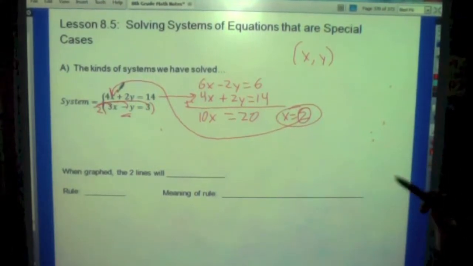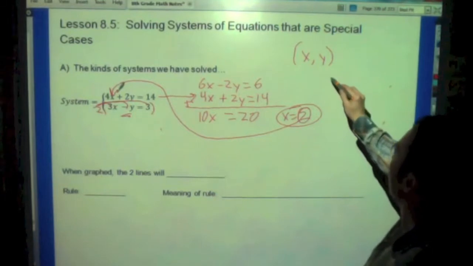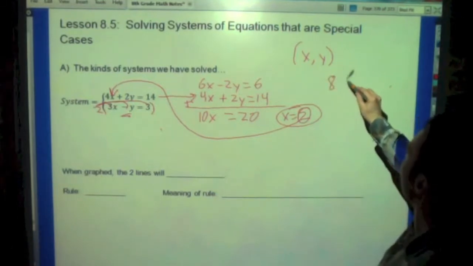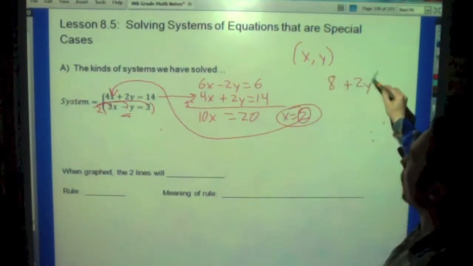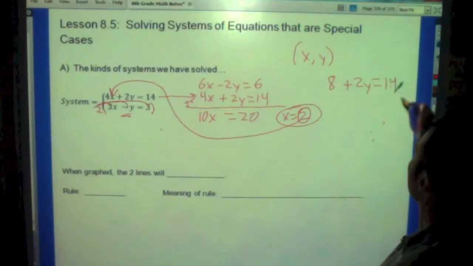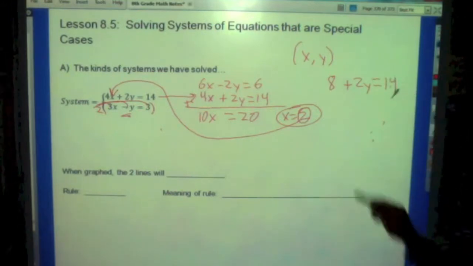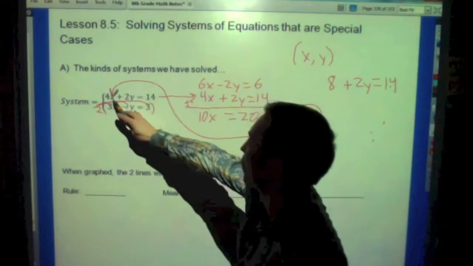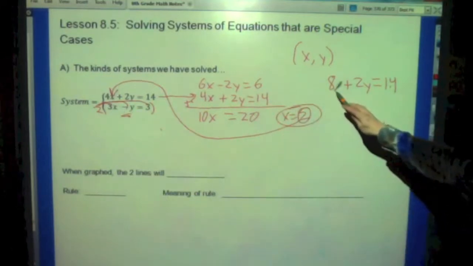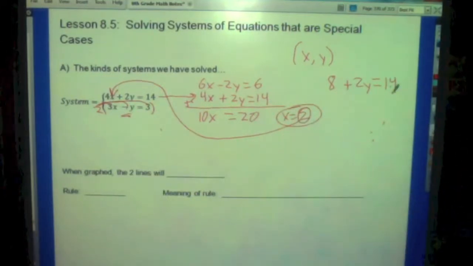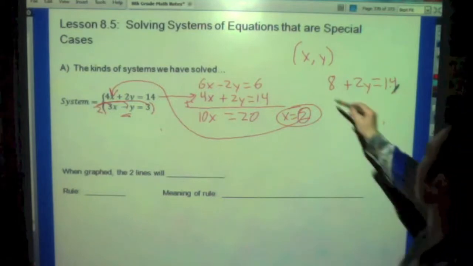So 4 times 2 is going to give me 8 plus 2y equals 14. All I did is I put the 2 right here, multiplied by 4, that gave me 8, and I wrote everything else down. Now I just need to solve this.